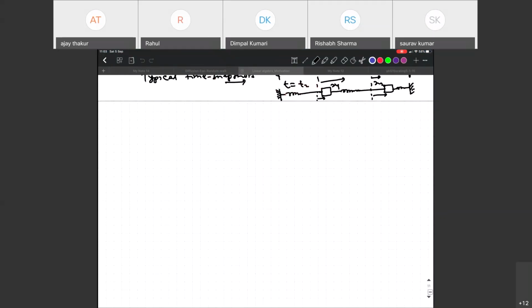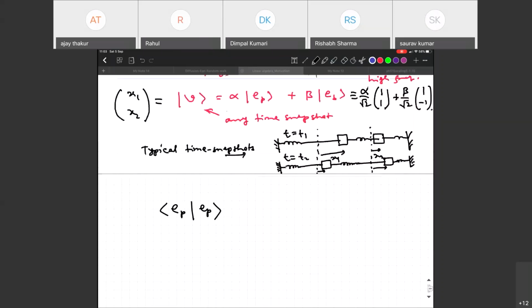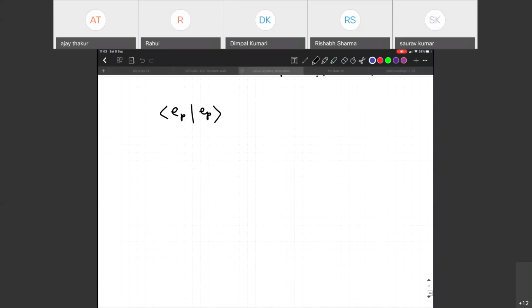So what we just now saw was, if we are looking at E_P, this should be normalized, right? That means E_P was given as 1 over root 2 (1, 1).